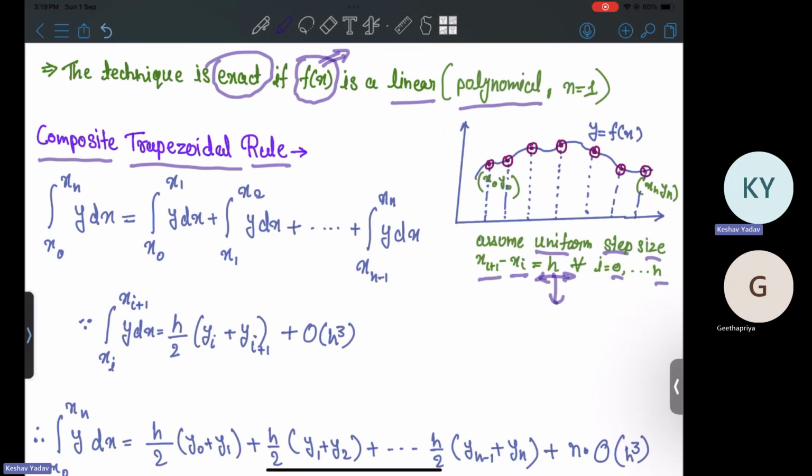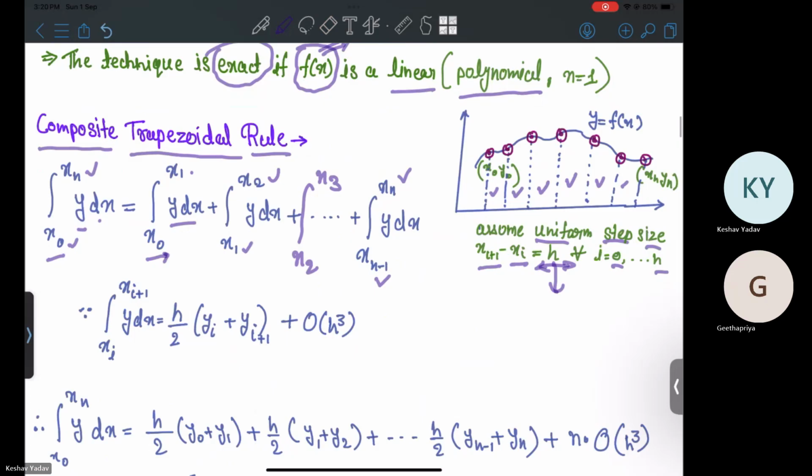Suppose we want to find the integration. It will be the summation of these integrations. So if I want to find the integral of y dx, with x going from x0 to xn, I can break it into the integral of y dx from x0 to x1, x1 to x2, similarly x2 to x3, dot dot dot, x(n minus 1) to xn.